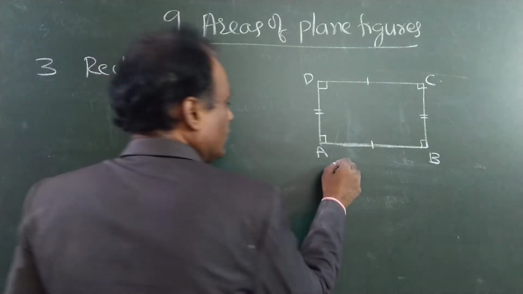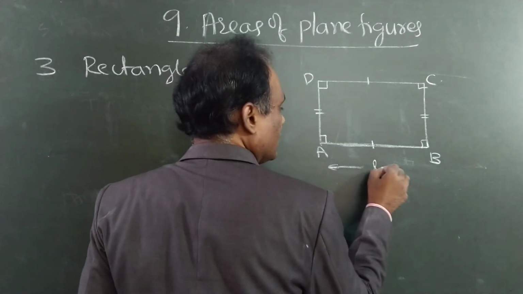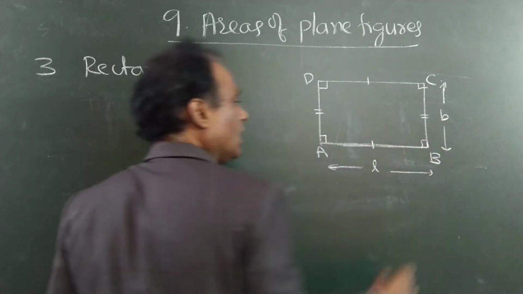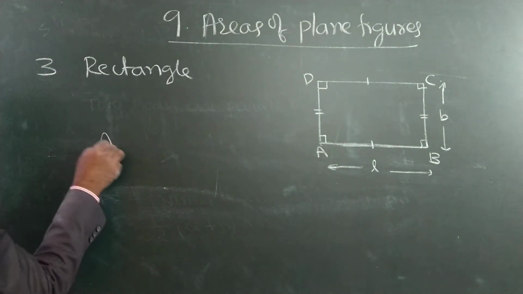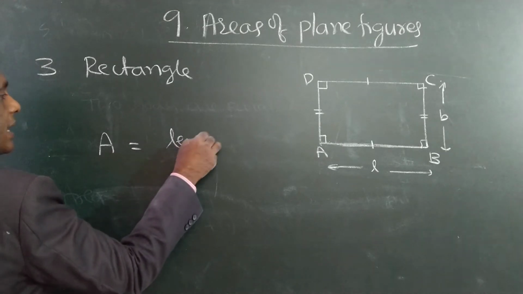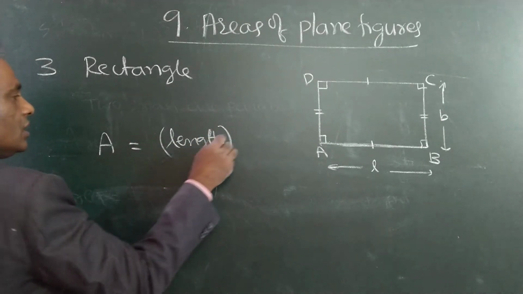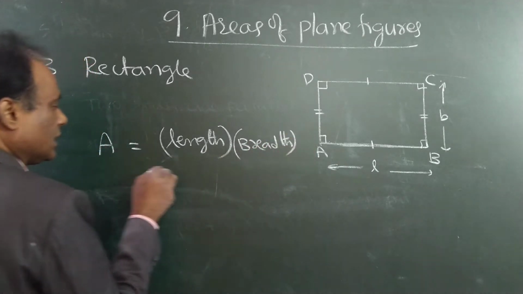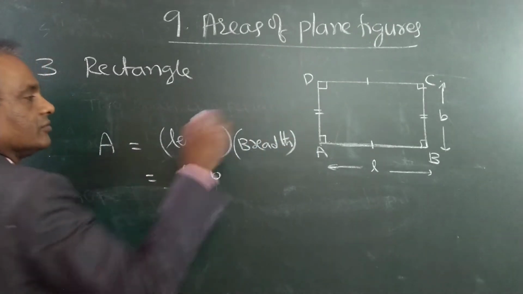This is called length, this is called breadth, and you know the area of rectangle is length into breadth. The formula for area, don't write, that is L into B.